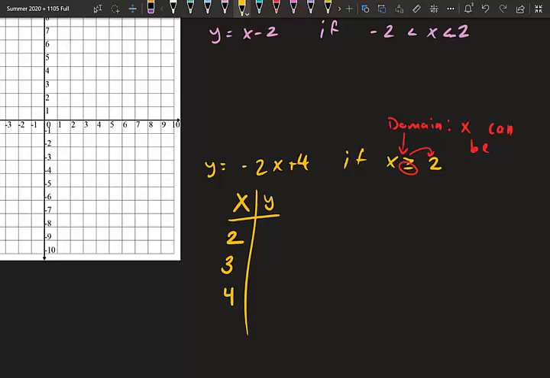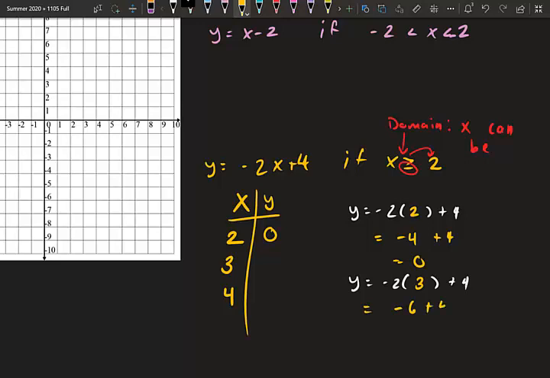So let's go ahead and plug them in. We have y equals negative 2x plus 4, and the x we're plugging in is 2. So we simplify, that's negative 4 plus 4, and we get 0. So 2, 0. We do the same thing with 3. So y equals negative 2 times 3 plus 4. We simplify to get negative 6 plus 4, which is negative 2.